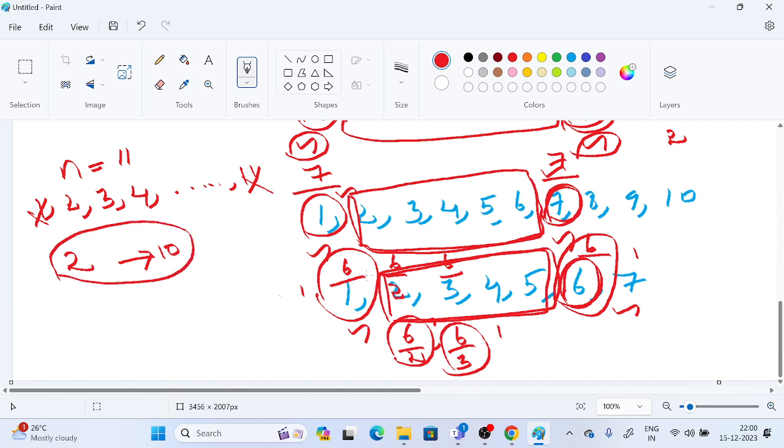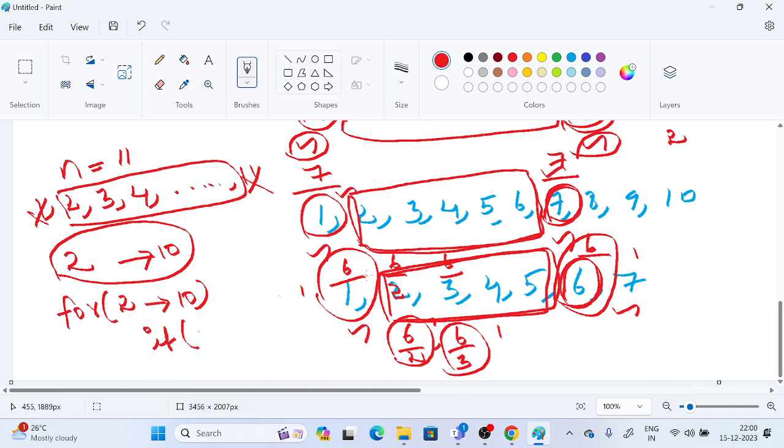If the for loop runs from 2 to 10 and I get at least one factor, where the given number modulo i is equal to 0, I can conclude that the number is not prime.